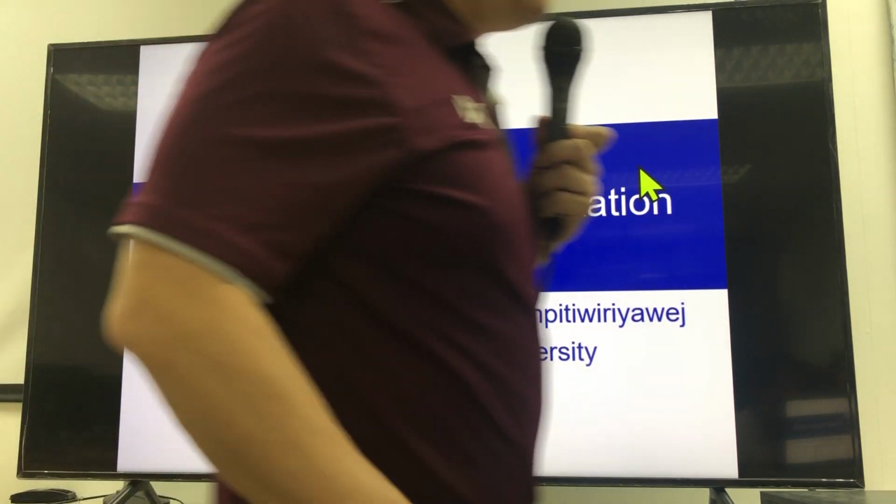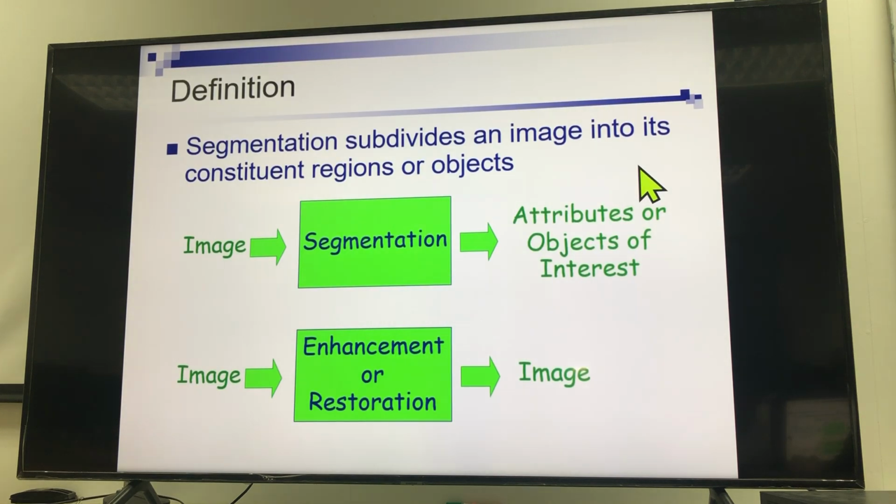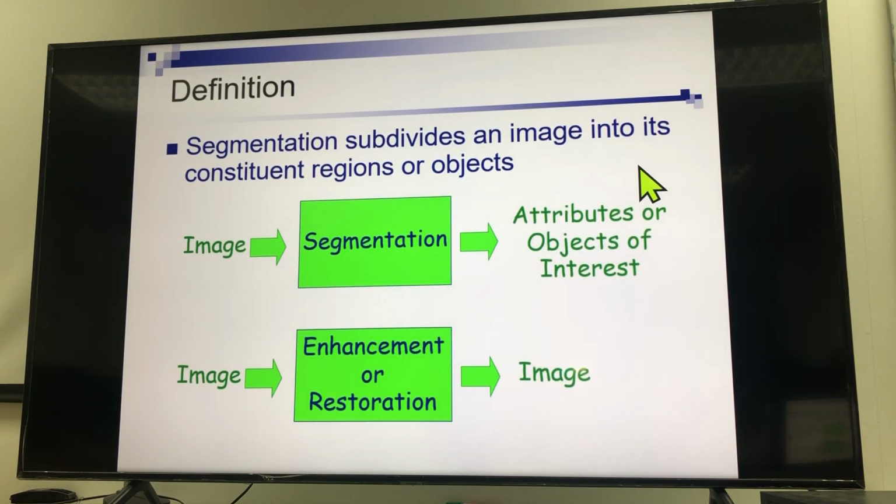Image segmentation. Okay, this is more advanced now. Segmentation is basically the process to subdivide an image into constituent regions.